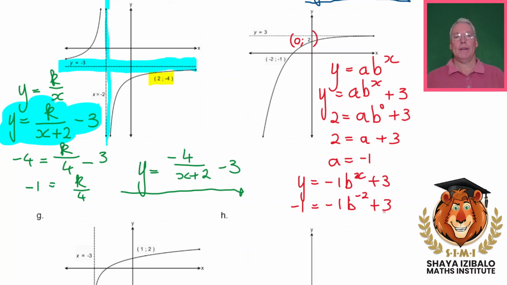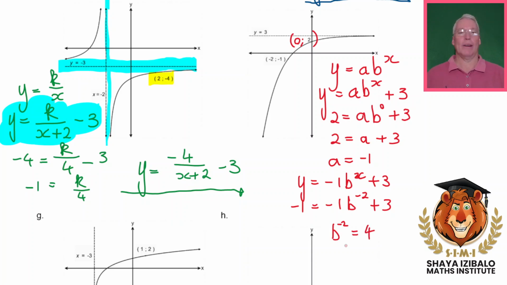We're going to subtract 3 from both sides, giving us -4. -4 equals -b to the -2. So in fact, b to the -2 is +4. b to the -2 equals 4.